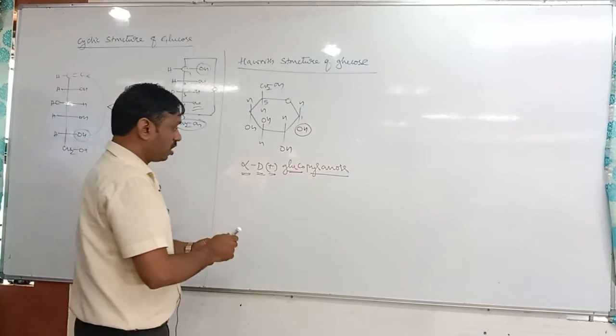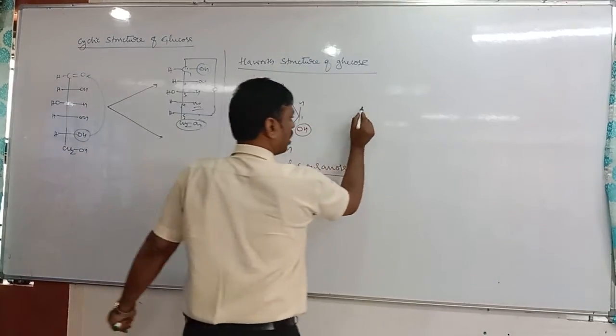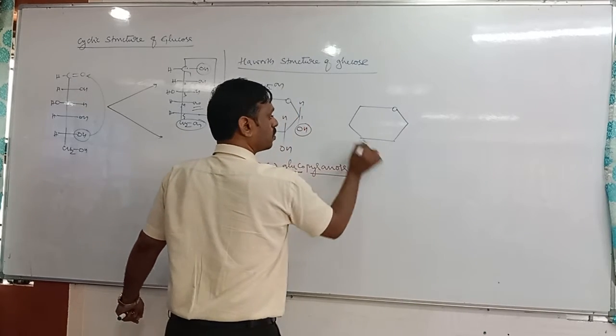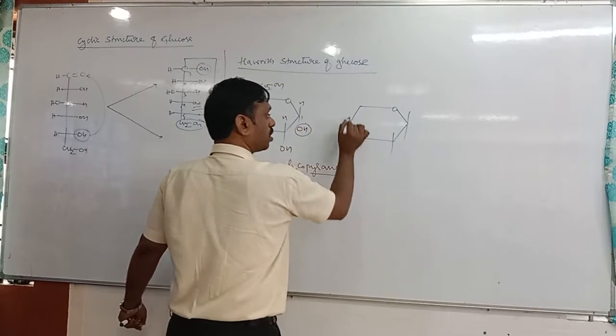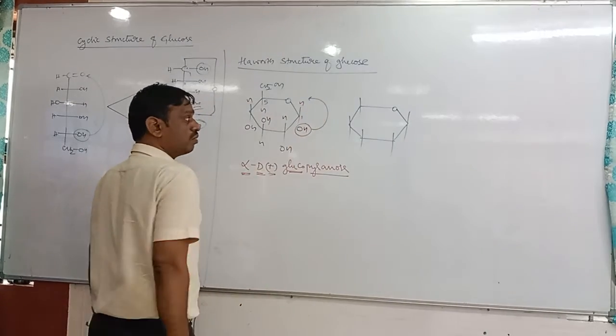Next, you can also draw the beta form. Tell me, in case of beta, everything is the same, similar to alpha glucose, but the only change is that the first carbon OH comes up.